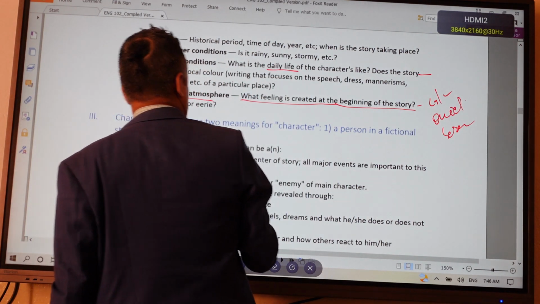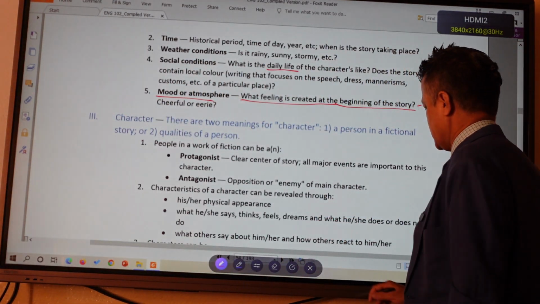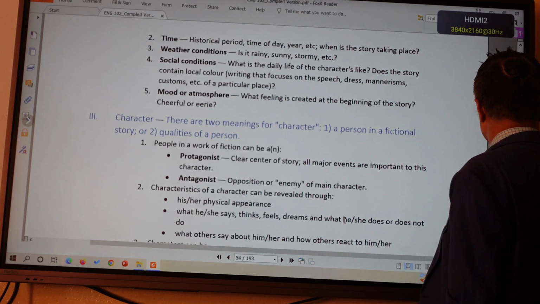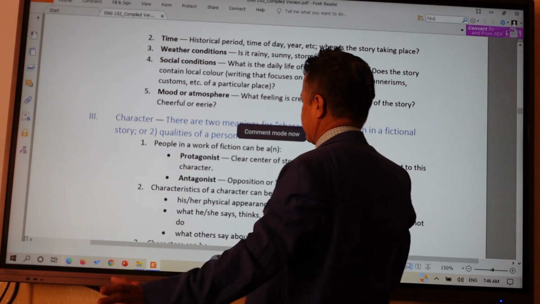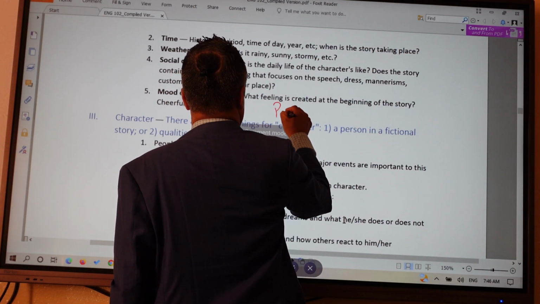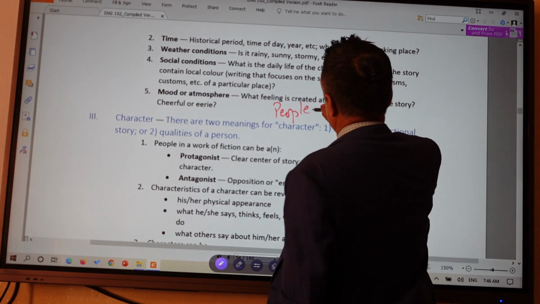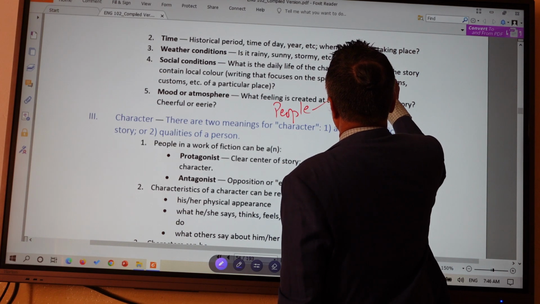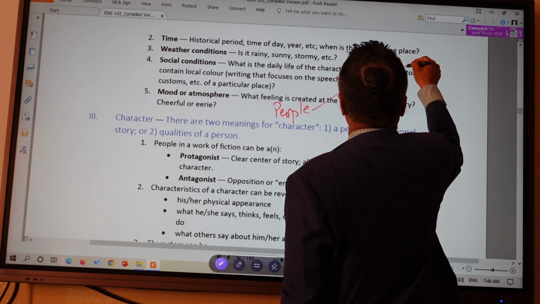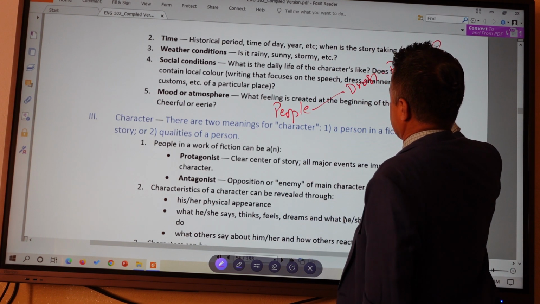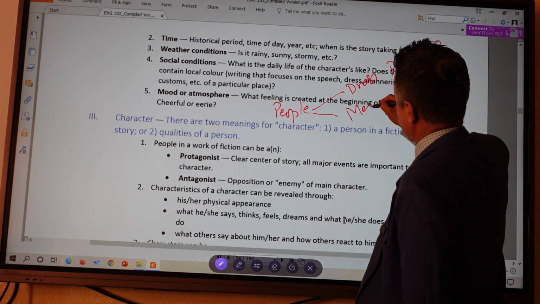Character, there are two meanings of character. Person, okay. By character you can understand people, right? And for example, narrator. And when you talk about people, how are they dressed? Go for the physical appearance. Then another, look for mental habit.